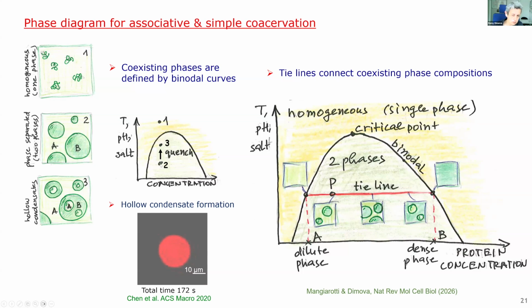Now from point 2, if you do a little quench to point 3, instead of reducing the size of these domains, you can actually have phase separation inside the condensate, which this movie shows here. It is sped up, but practically inside the condensate, you have phase separation that leads at the end to a hollow condensate. It's hollow in the sense that inside it has a dilute phase, which is also the one outside.